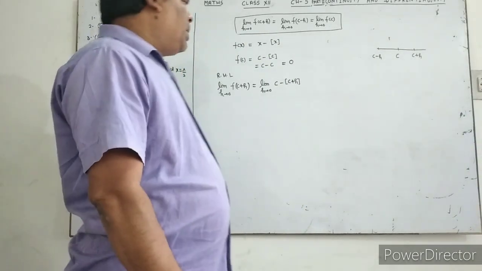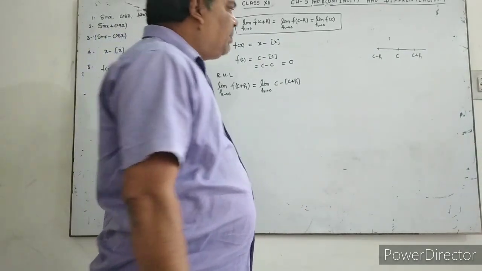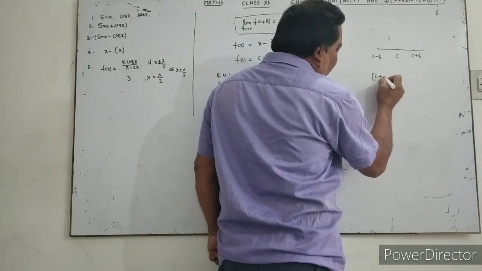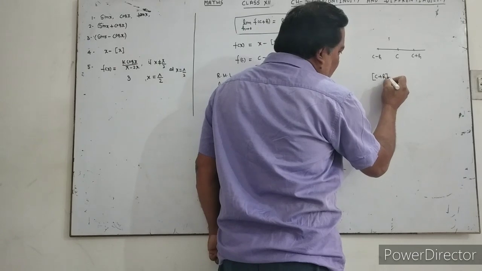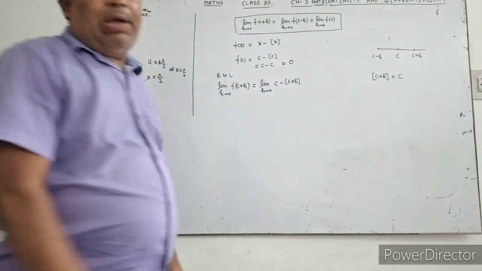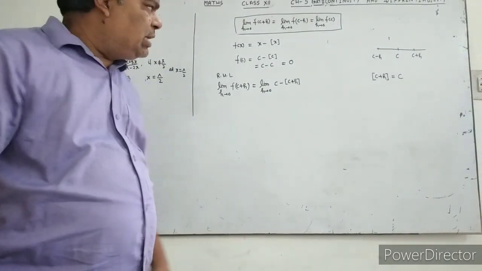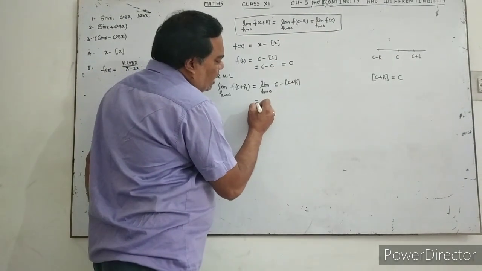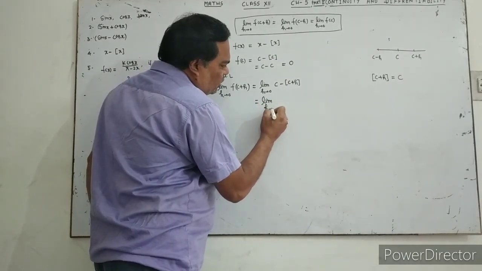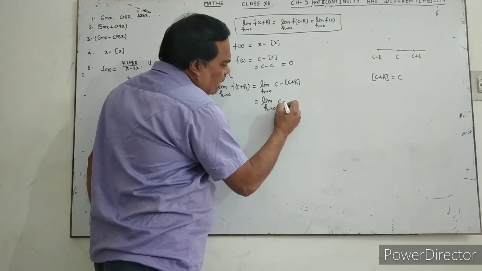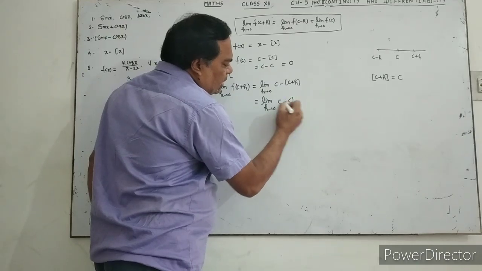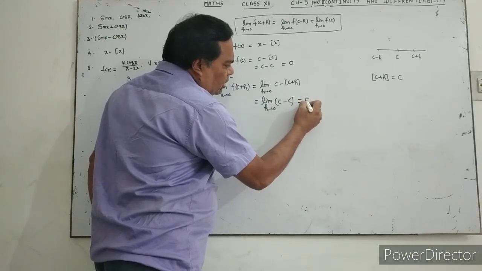Then what is the value of the greatest integer function? The value of the greatest integer of c plus h is c. Then equal to the limit as h tends to 0, c minus c. This is also 0.